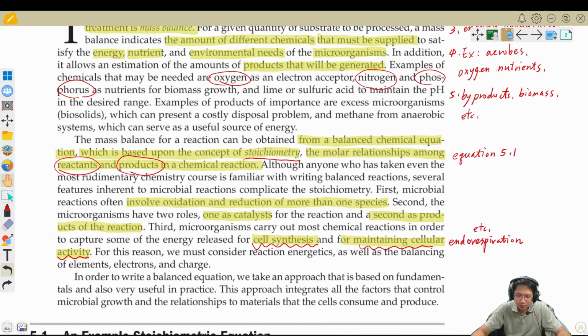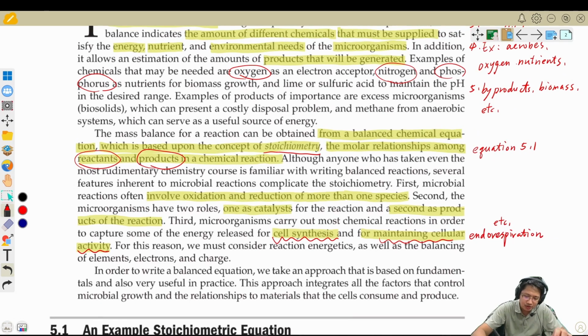Within those chemical reactions, we involve several concepts. First, microbial reactions generally involve oxidation and reduction reactions together. This is our first concept.